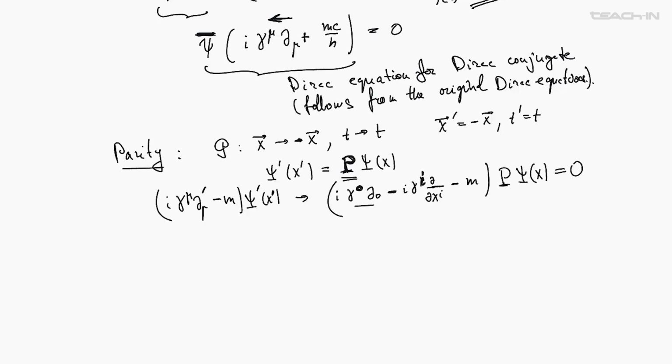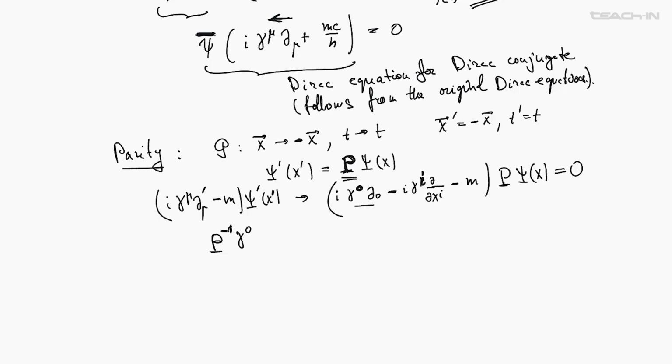From where you actually see that if you multiply this equation with P minus 1 from the left, then to get the original Dirac equation, you need to satisfy the following conditions: P minus 1 gamma 0 P must be equal to gamma 0.